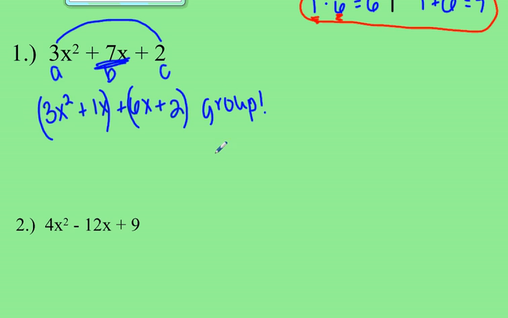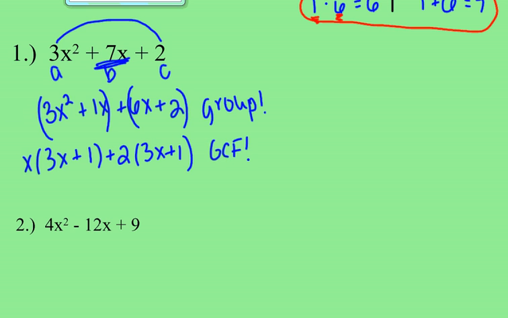And now I'm going to find the greatest common factor. The greatest common factor in my first set of parentheses is x, and I'm left with a 3x plus 1. In my second group, my greatest common factor is a positive 2, and I'm left with a 3x plus 1.